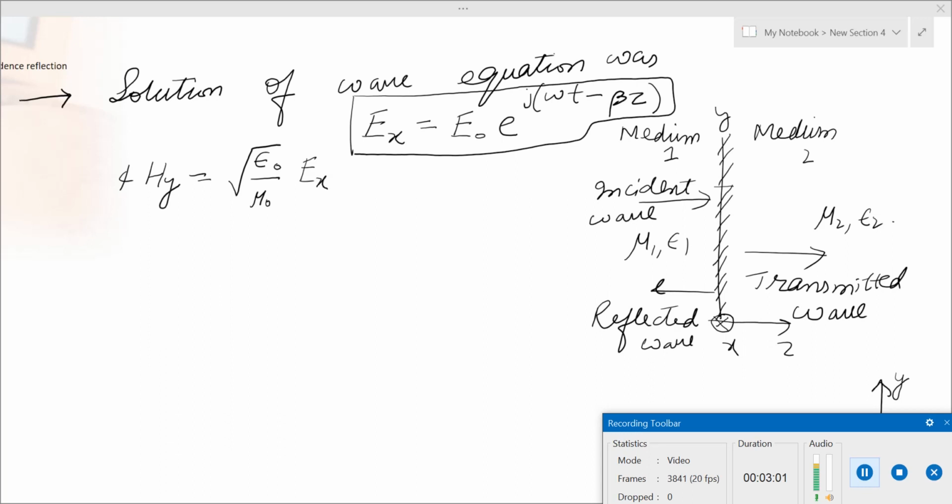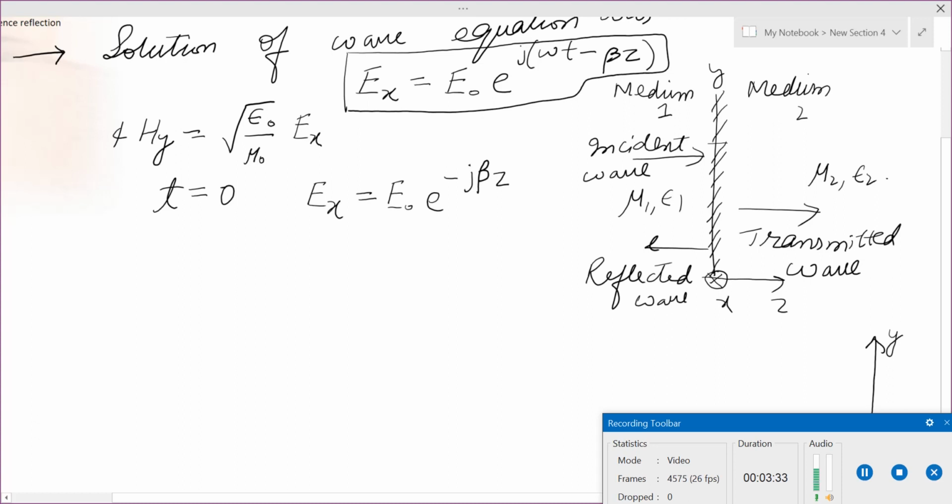So we fix that time, suppose we take that time as t equal to 0. Then your wave equation at that time t equal to 0 will become E naught e to the power minus j beta z, because we are considering a particular time frame when it gets reflected as well as transmitted at the surface. We fix that time as t equal to 0.